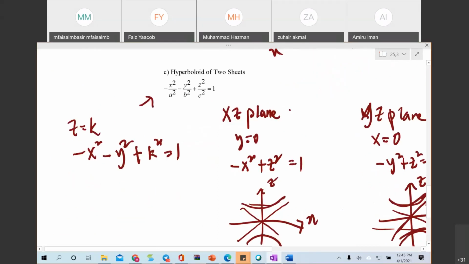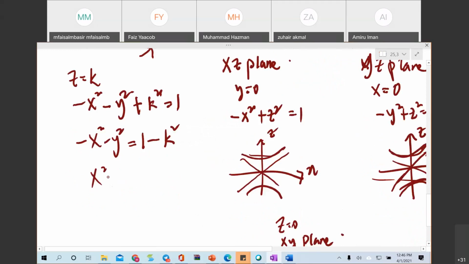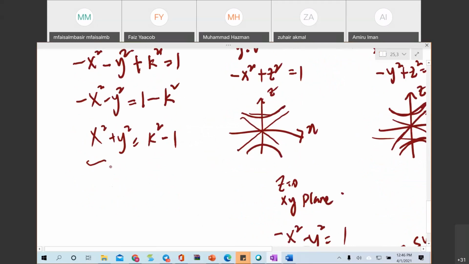So I can put it like this, and then I have x squared plus y squared equals to k squared minus 1. k is always positive. If this is more than or equal to 0, you have k squared more than or equal to 1.